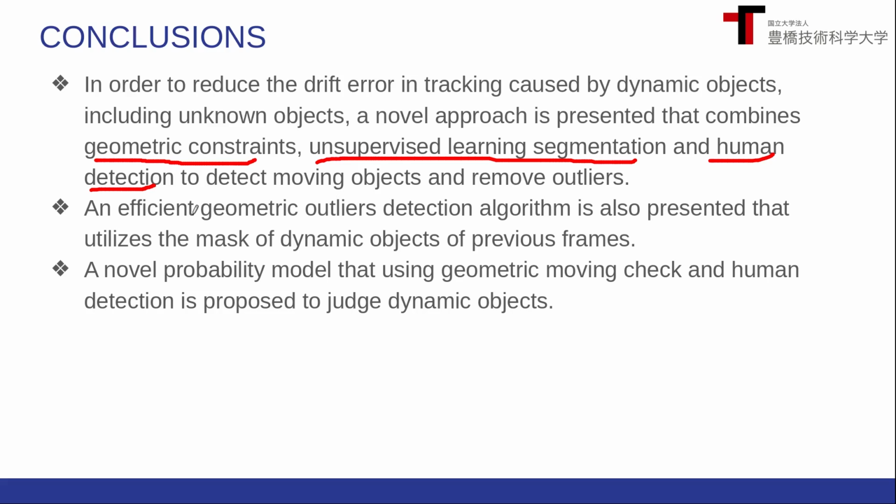An efficient geometric outlier detection algorithm is also presented that uses the mask of dynamic objects of previous frames. A novel probability model that uses the geometric moving check and human detection is also proposed to judge the dynamic objects.